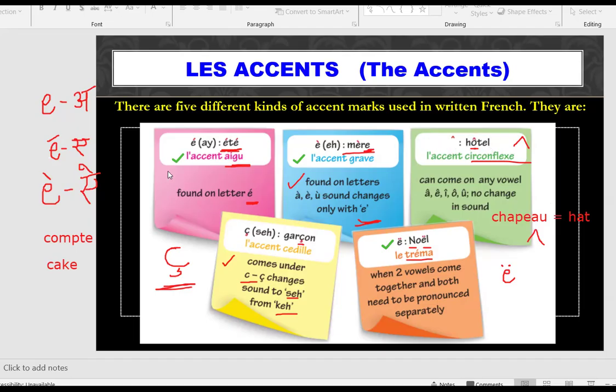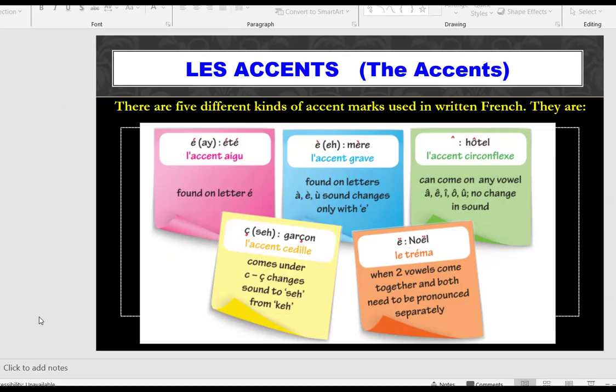But accent aigu, accent grave, you will be seeing very frequently. And you have to be very thorough with the pronunciation as well, where E is pronounced as A. We will be doing it, no worries.